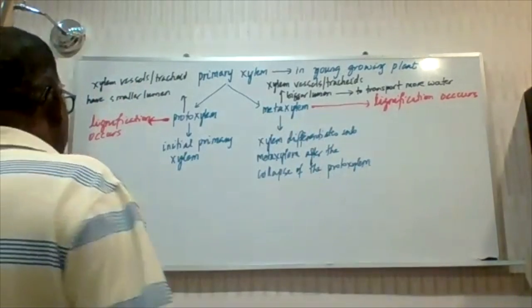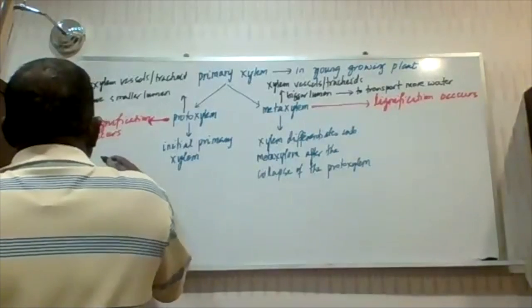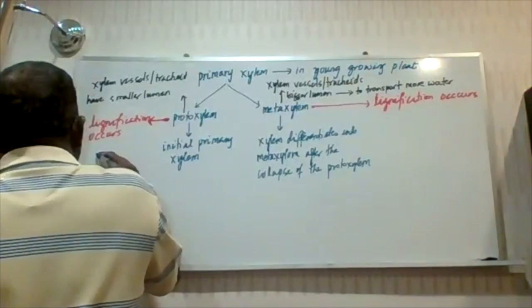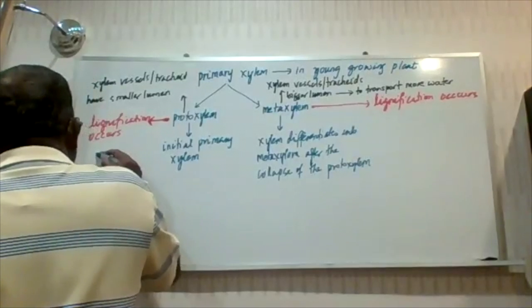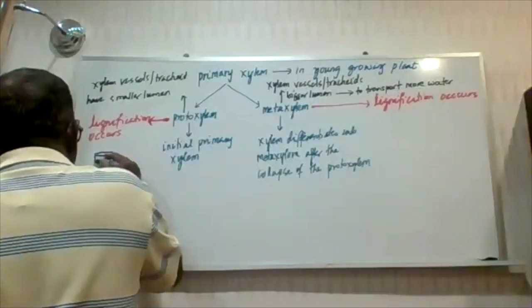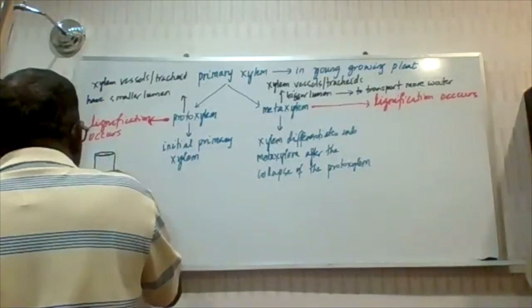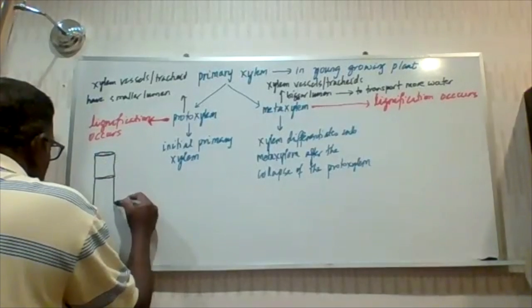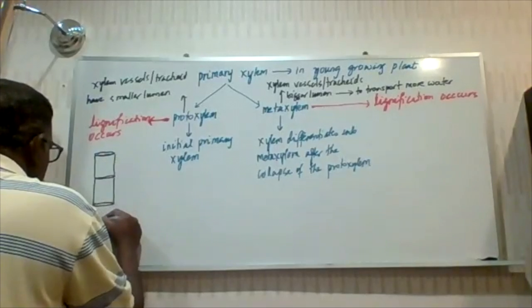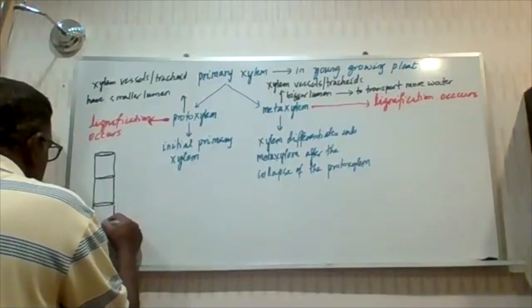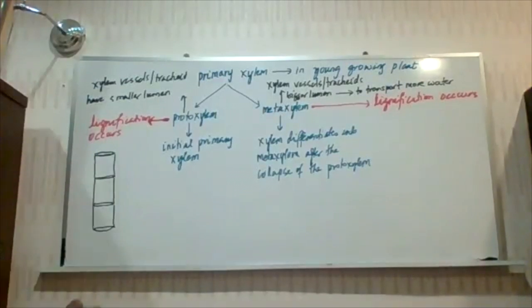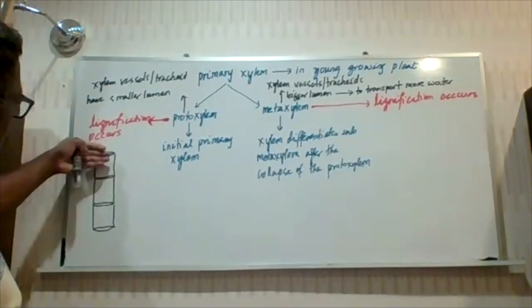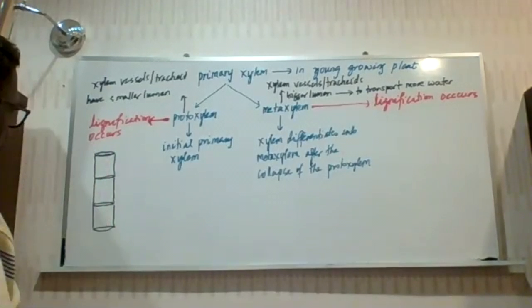Now, let's say this is the walls of the vessel. Follow me carefully, I'm drawing. This is the end-to-end fusion, walls of the vessel. Now you will find the lignification is not throughout the walls.